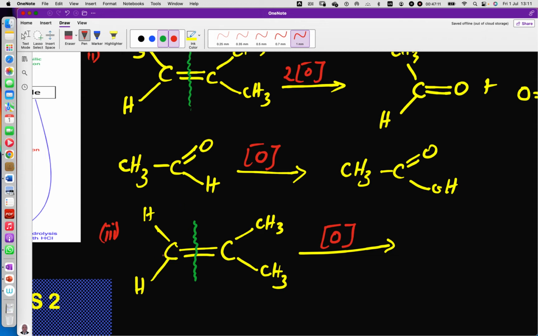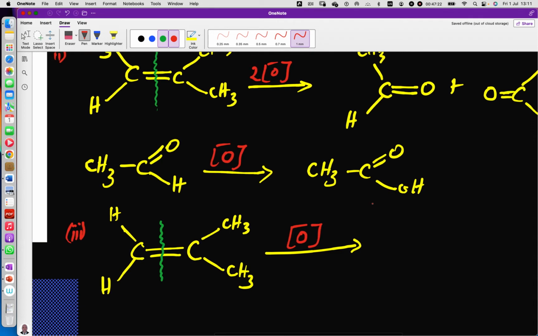On one end of the alkene, where we have only carbon and hydrogen, that end is converted to carbon dioxide and water. For instance, when the bond breaks here, we have oxygen added. This end, the carbon, will be converted to carbon dioxide.